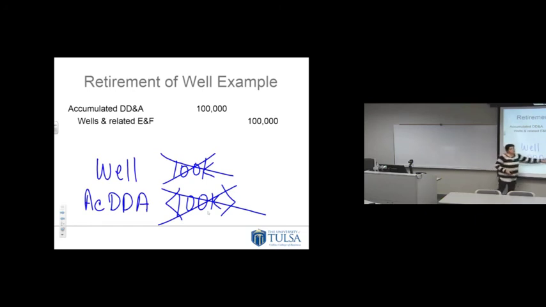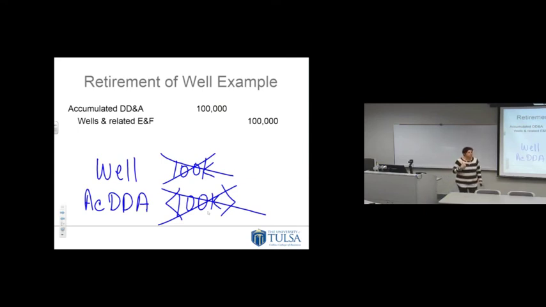Now, I can't go back and prove that I put exactly $100,000 of DD&A in accumulated DD&A for that well. I can't prove that because I don't do accumulated DD&A by well. I do it by the field. So it is a GAAP assumption, both U.S. and internationally. It's a basic assumption.